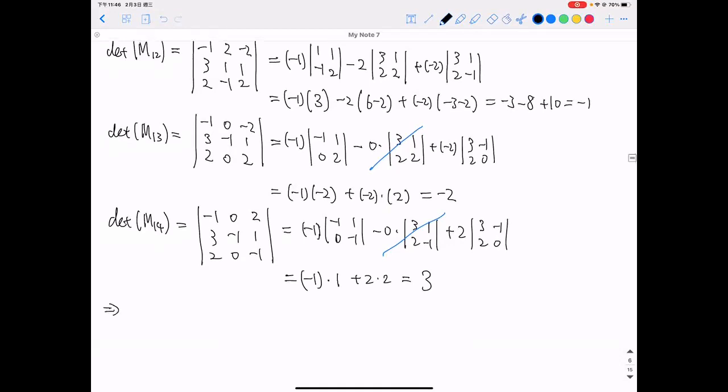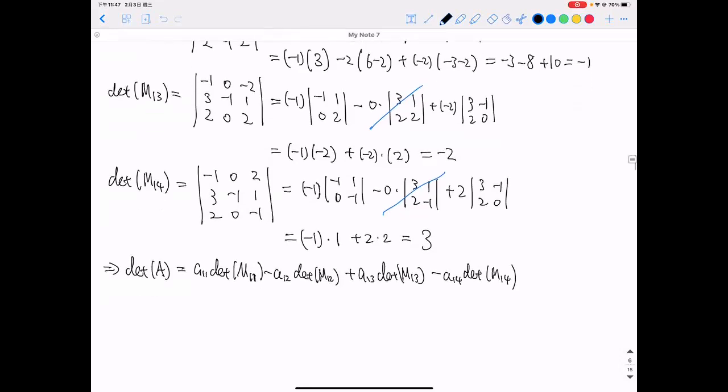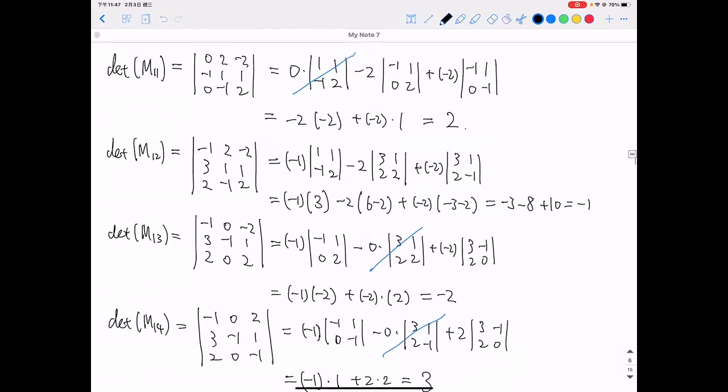Okay, so now we've computed the 4 determinants we need. Let's reproduce the formula for the determinant: A11 M11 minus A12 M12 plus A13 determinant M13 minus A14 determinant M14. Now we can plug everything in.